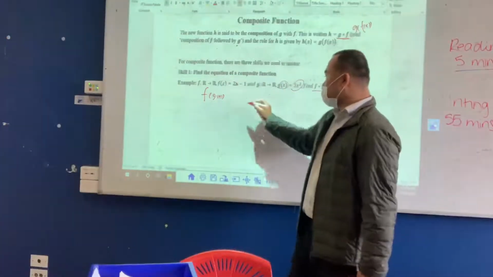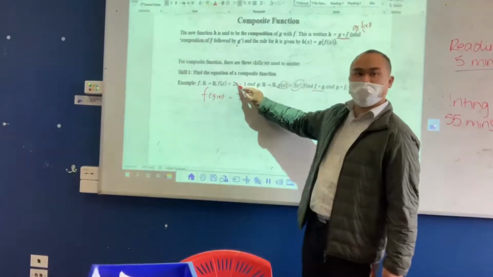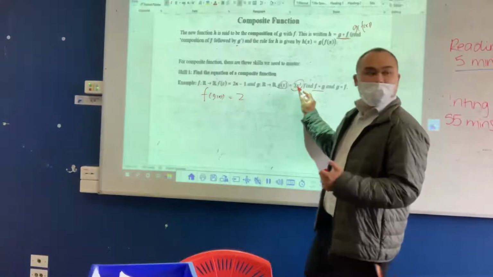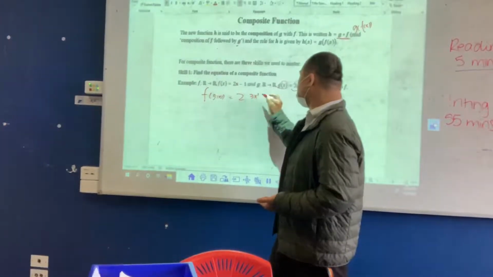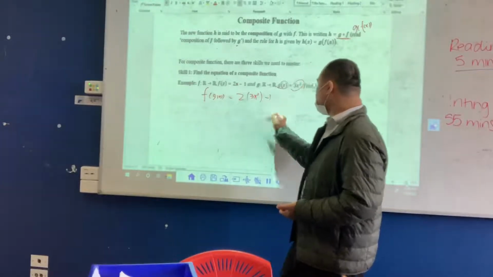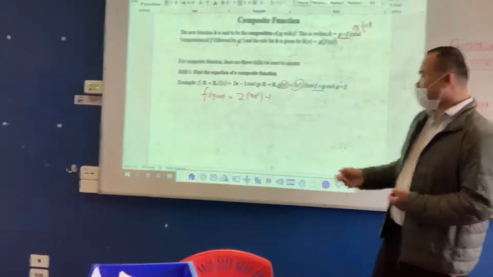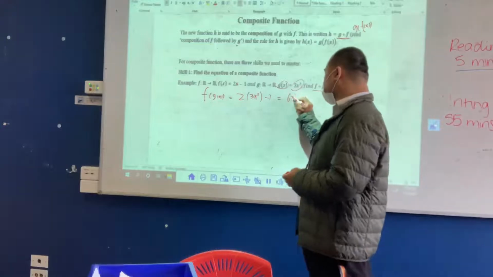That would be 2, and then the x I'm going to replace with g(x), which is 3x squared. I should have a bracket here, but it doesn't matter for now. So that is the composite function equation. Does it make sense? And then of course we simplify it.